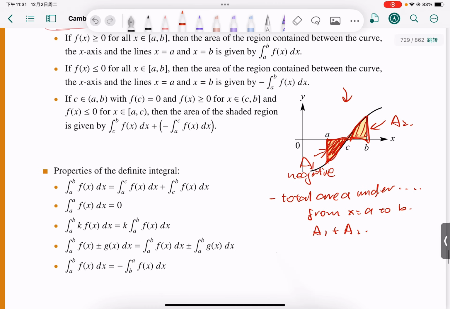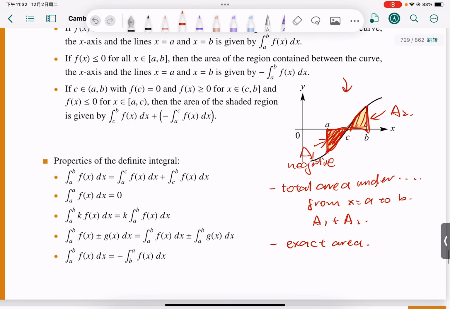What if they ask about the exact area? Then it's actually minus A1 plus A2. Why is it minus? Because when we are talking about the exact area, we're talking about the sign.